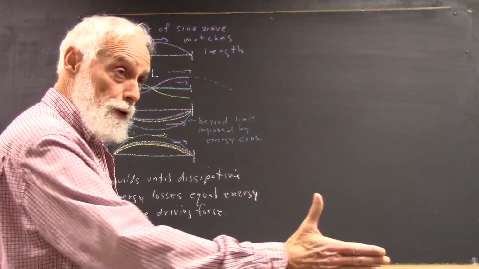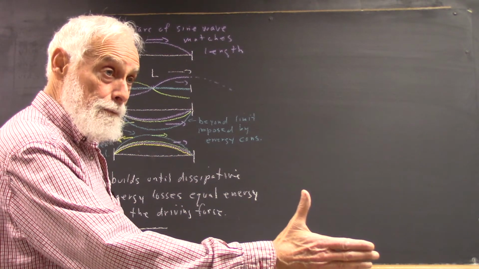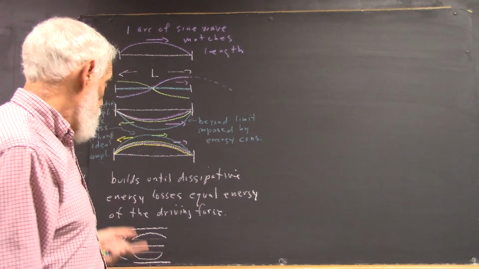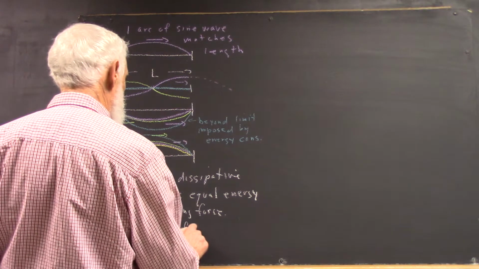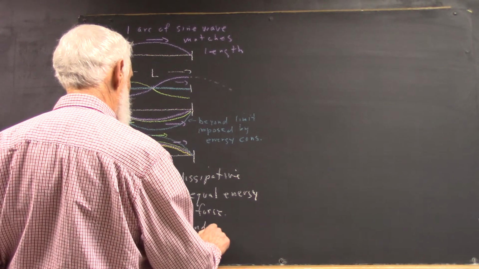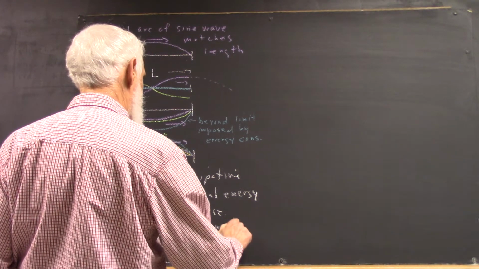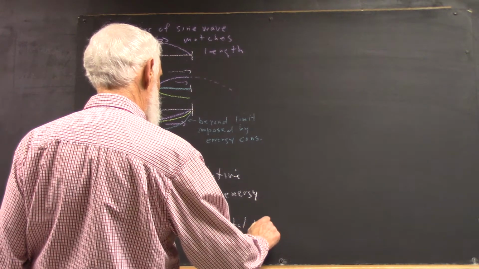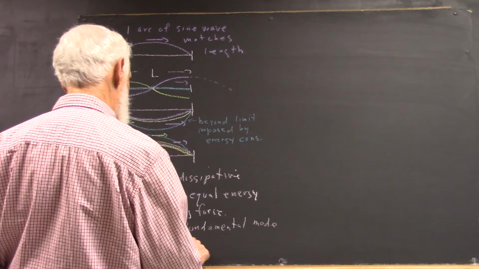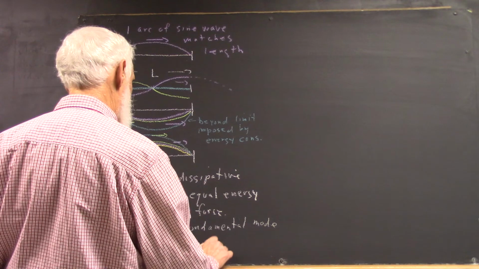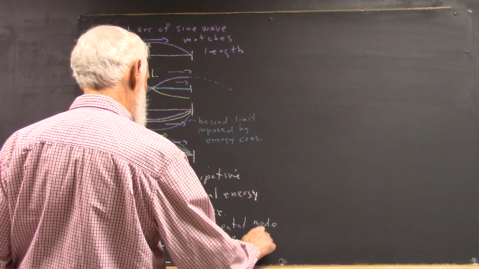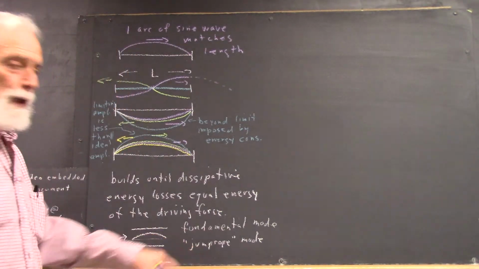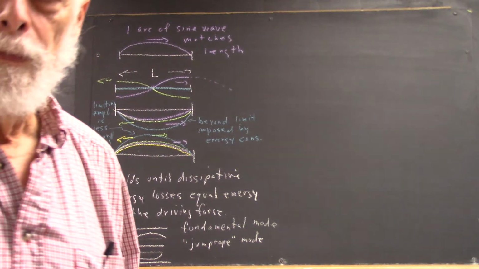It's going to be over there, it's going to be flat, right? So I call that the jump rope mode. That's a fundamental mode. And I might sometimes refer to that as the jump rope mode.